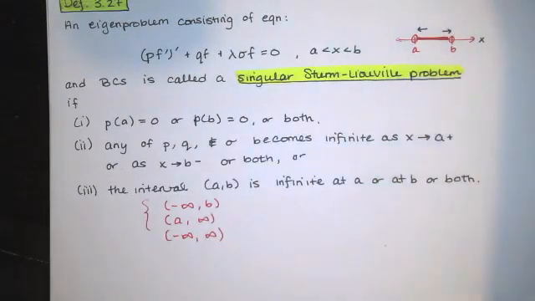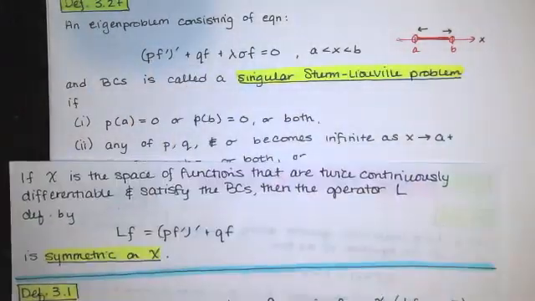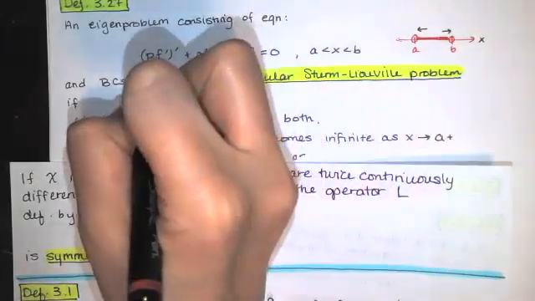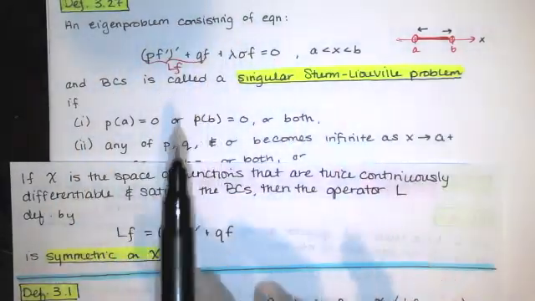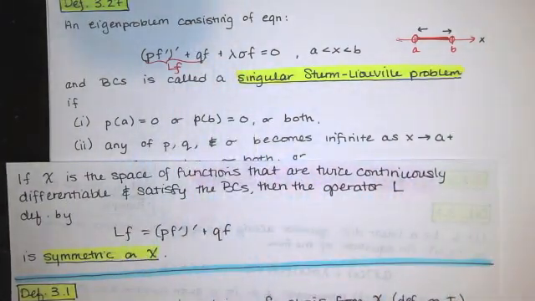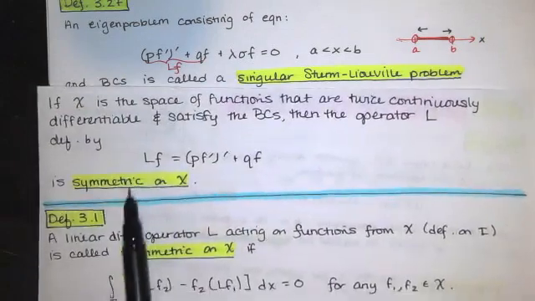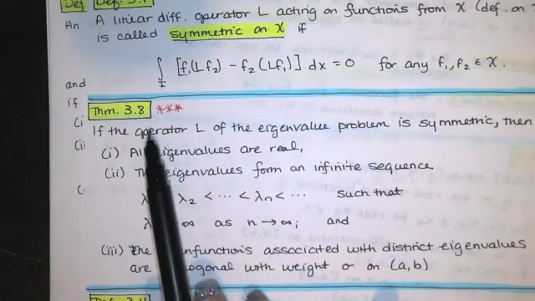And again, we want to have this operator here. This is L applied to f. We want the operator L to be symmetric on the space of functions that might satisfy this differential equation and the boundary conditions. Because if it's symmetric, then we get all of the results of theorem 3.8 for free.